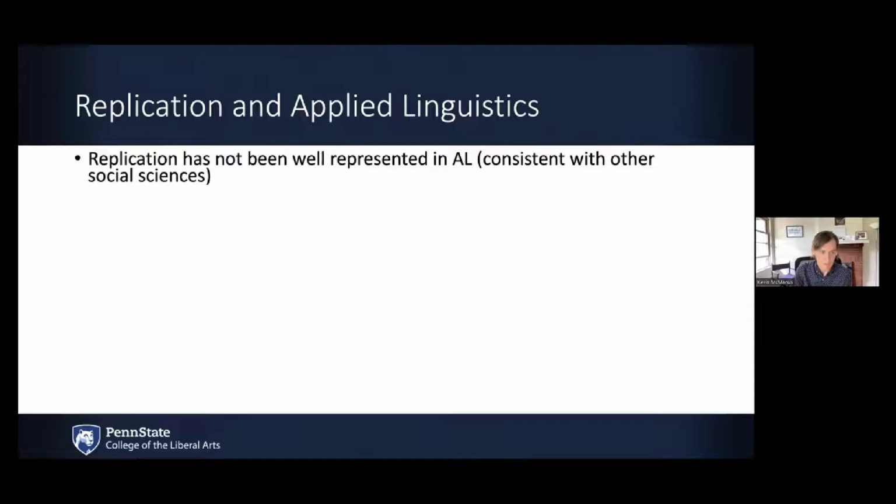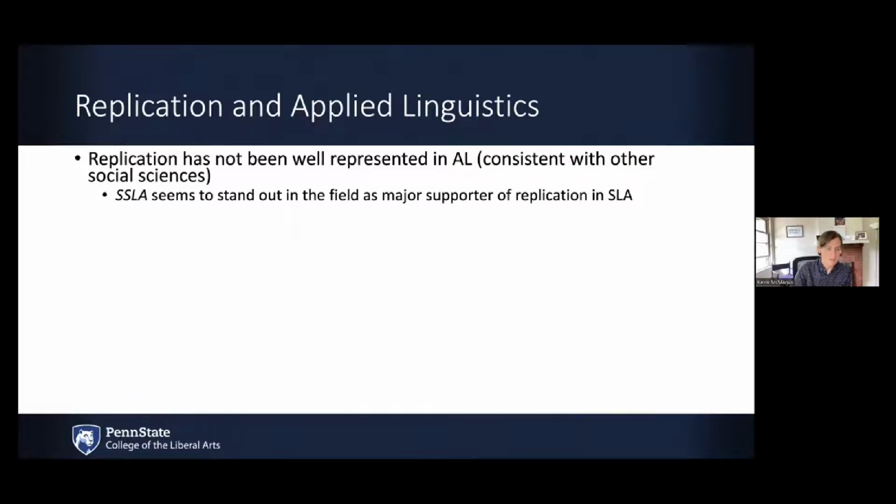And you know, consistent with other disciplines, replication is not well represented in our field, right? So we have seen studies in second language acquisition, and I think that does stand out as a major supporter of replication in the field. So from the 1990s, the editor at that time was saying the way to more valid and reliable research is through replication, right?